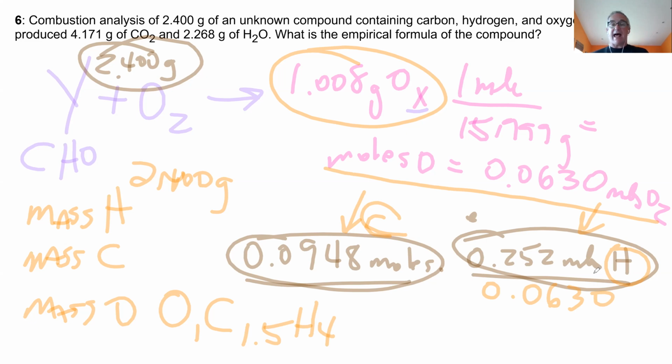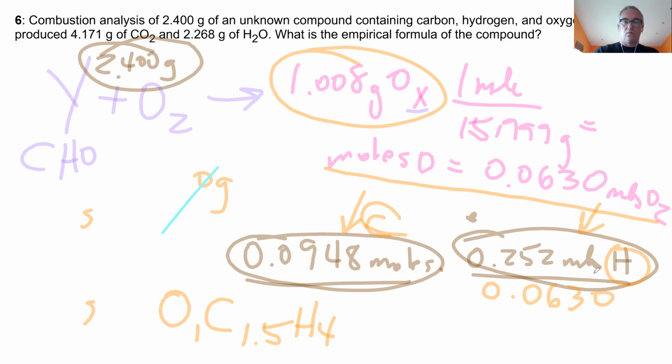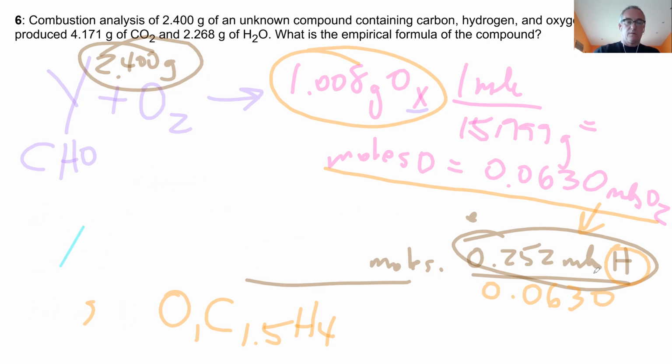And so we can't have a half. So what do we do? Multiply everything by 2. That gives us C3H8O2.